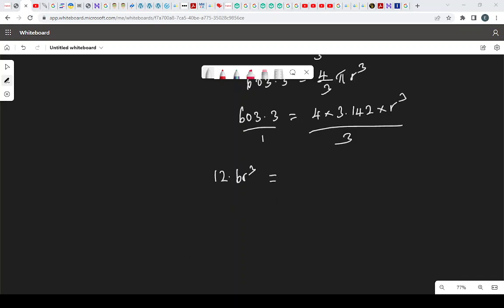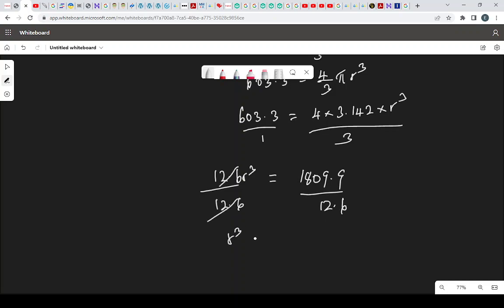Let me do that on my calculator. 603.3 multiplied by 3 gives us 1809.9 approximately. Divide both sides by 12.6, then this 12.6 cancels this.